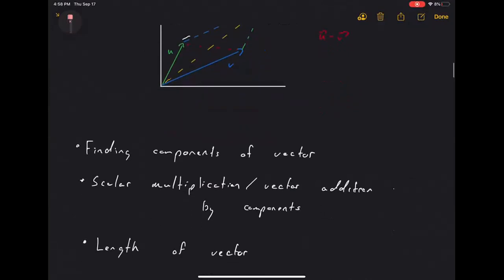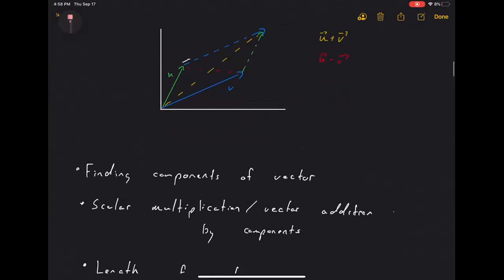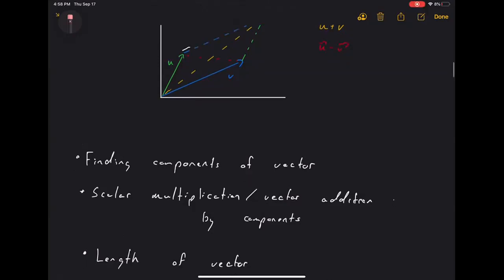Once we introduce the idea of components of a vector, you should be able to do vector addition and scalar multiplication by components. And you should be able to do these slightly more complicated expressions like this. They're not super complicated. Okay.